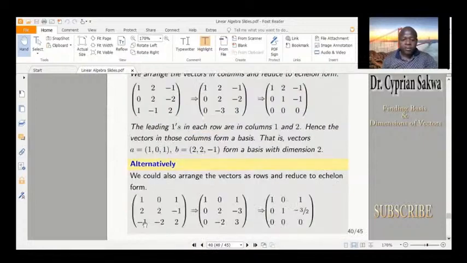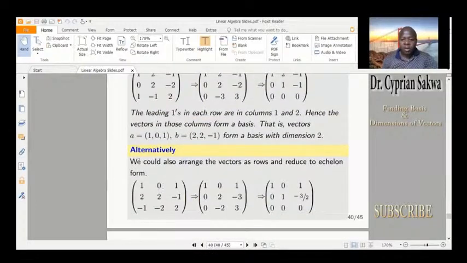Now, the alternative way would have been to arrange the elements in rows and then reduce to echelon form. Let's do that and see what we get. So these are vectors. I will just arrange the first vector in the first row, second vector in the second row, third vector in the third row, and I've reduced to echelon form to obtain this final matrix. And again, it's very important that I identify the leading ones.